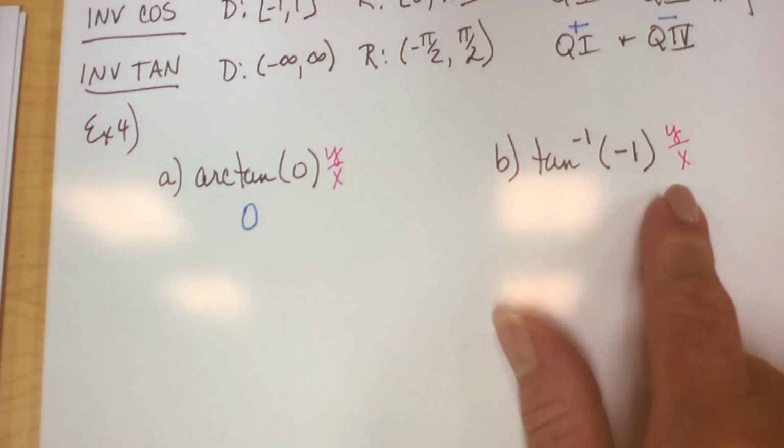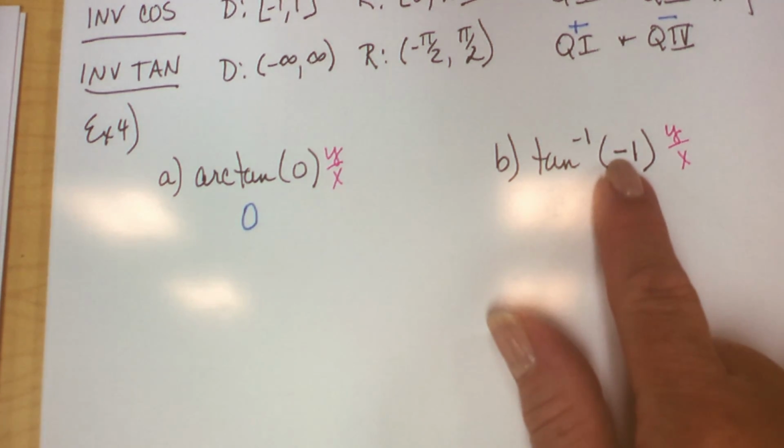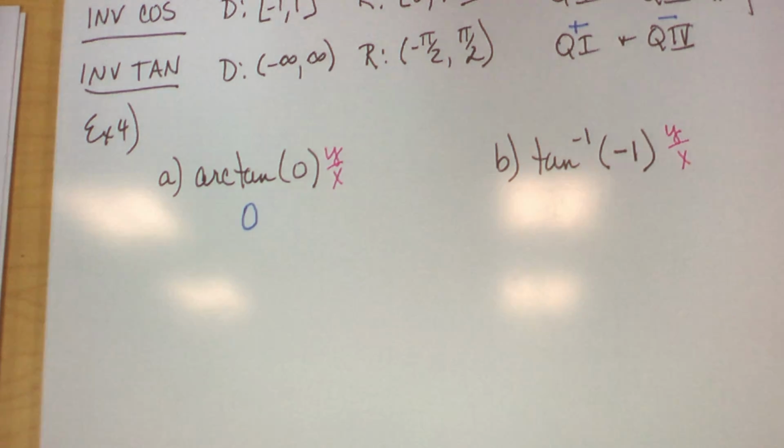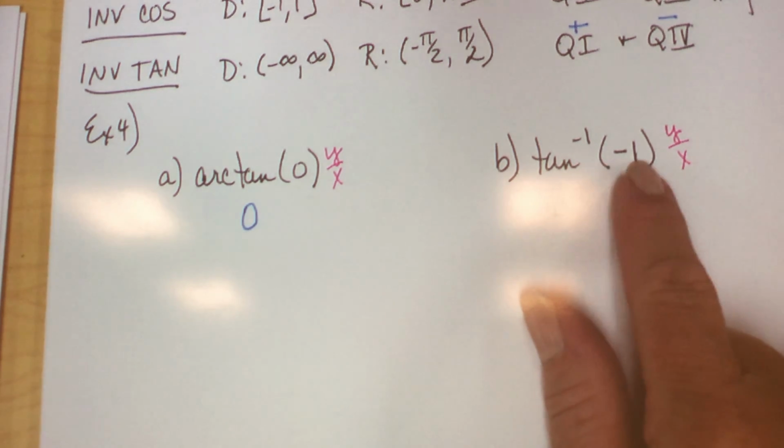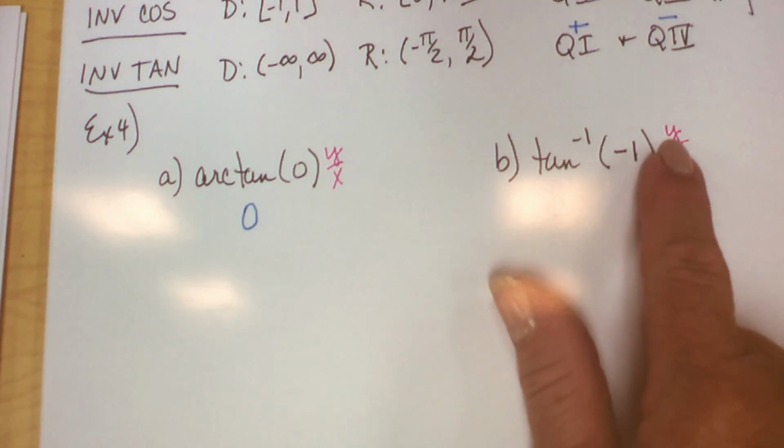The same thing. I'm not even looking at the negative right now. We're not even going to worry about it, because all we have to do is slap a negative on it. I'm not thinking about the sign. I'm looking for where Y over X equals 1.